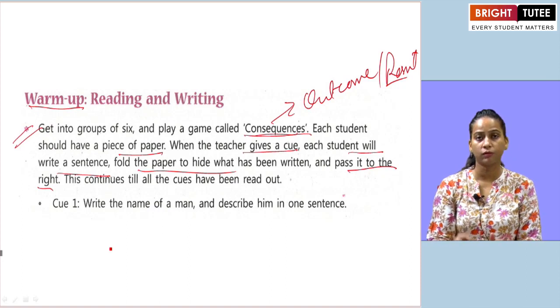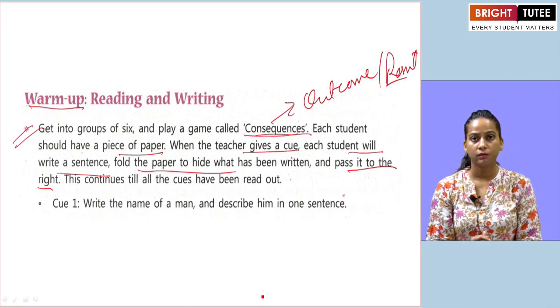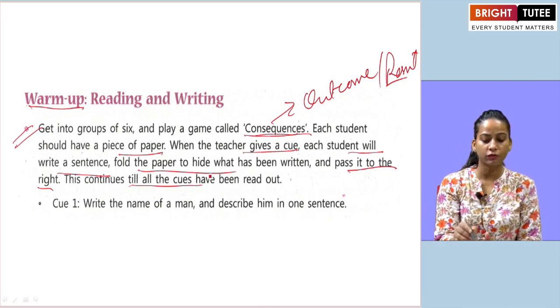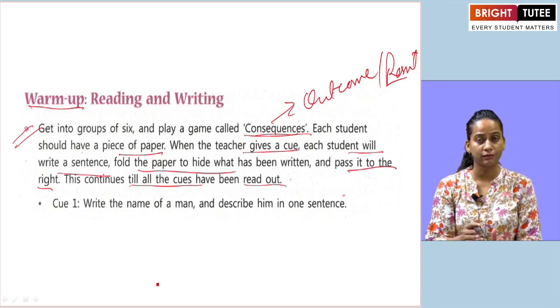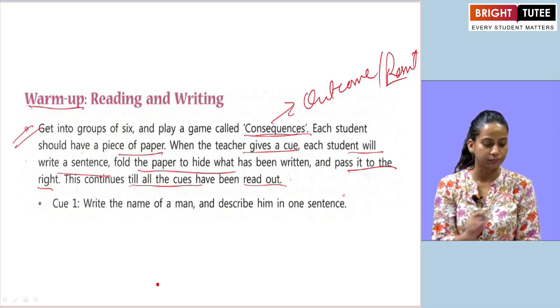You just have to pass your piece of paper to the right hand side, to the one sitting right next to you. This continues until all the cues have been read out.